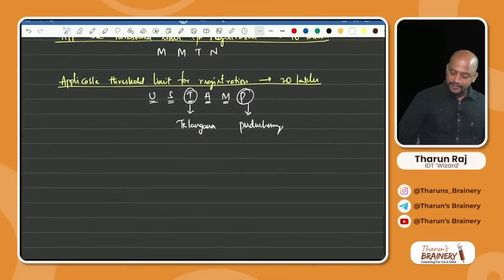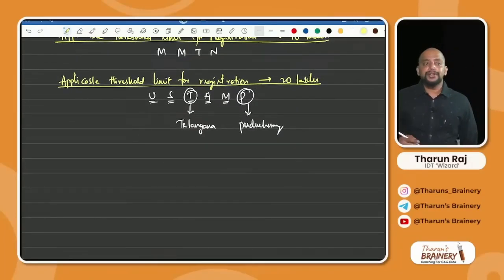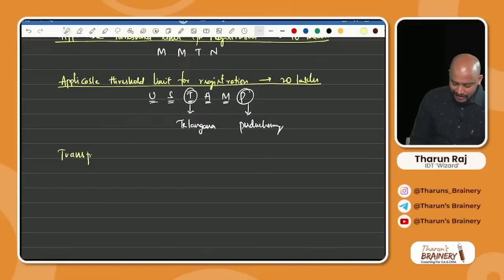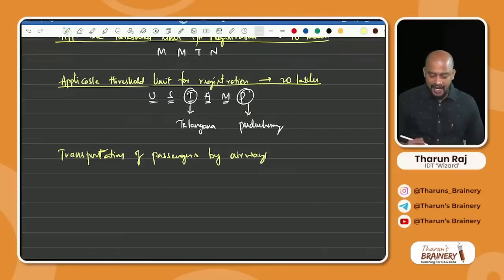Then next one we have starting point or ending point in economy class. Transportation of passengers is exempted. So transportation of passengers by what mode? By airways.